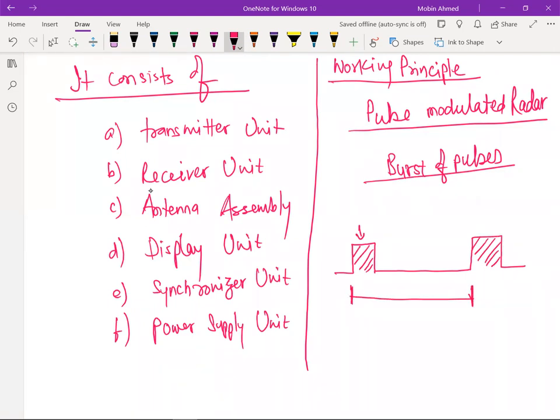Periodic means it is going to happen with a certain period of time. Again, after a certain period of time, it is going to transmit. This is the width of the transmitting pulse.